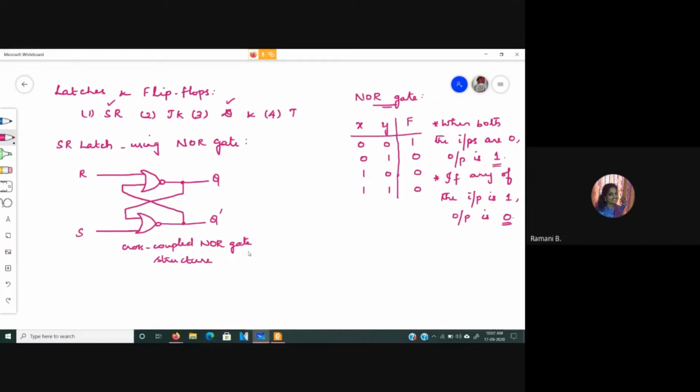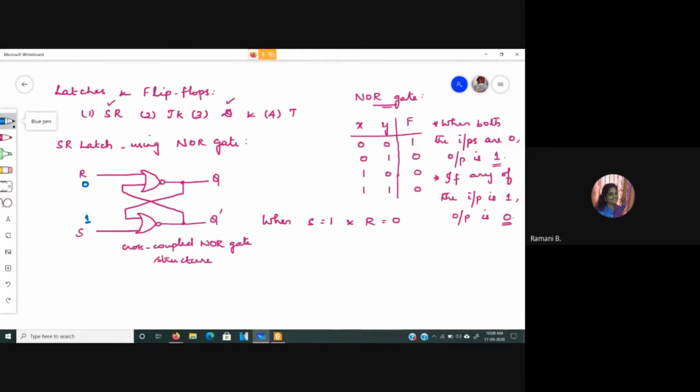So first, let us consider the case when S is equal to 1 and R is equal to 0. Just now we have seen that if any of the inputs is 1, my output is 0.